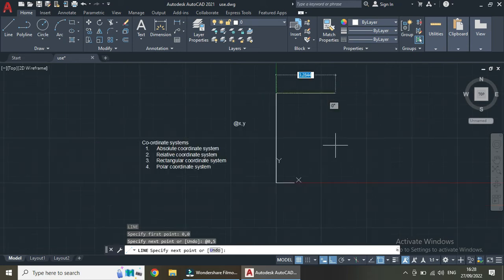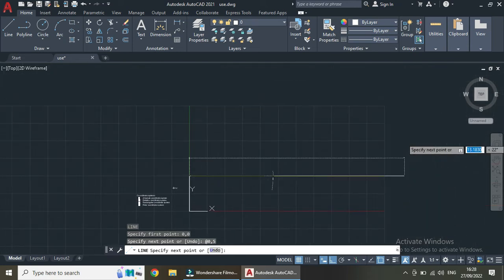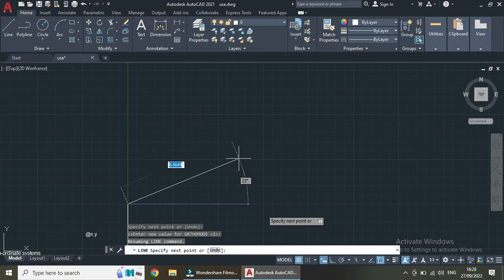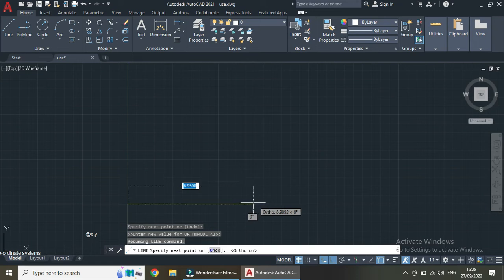So we have got this one 5. Okay, so now our x value is 5. @5 comma 4, enter.